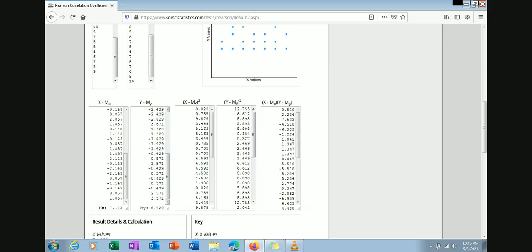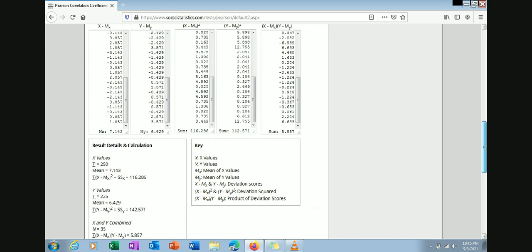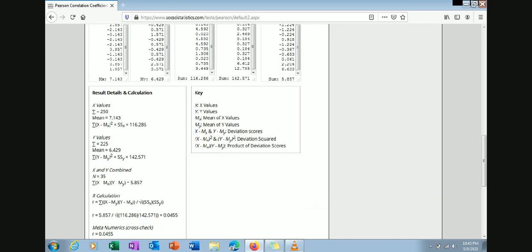So, ito po yung mga naging resulta sa x minus Mx and y minus My. So, Mx natin 7.143, My is 6.429. So, yung sum na nakuha natin sa x minus Mx squared is 116.266. So, ito yung key values natin kung how to read yung nasa taas po doon.